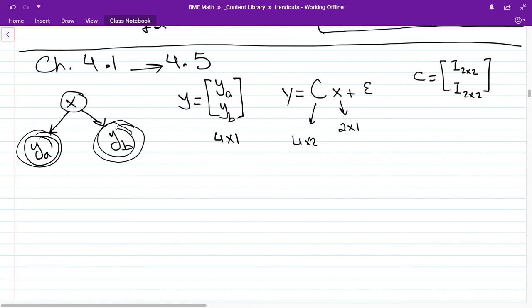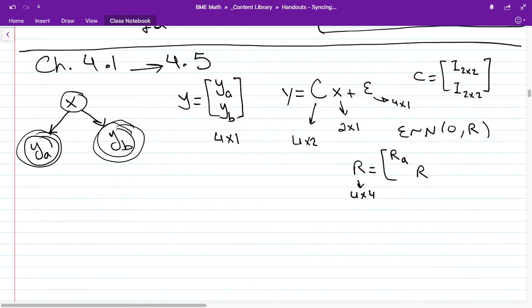However, there's noise in them, this epsilon here. What's the size of it? It's a 4x1. And you believe it's normally distributed with mean 0 and variance R. And what is this R? R is a 4x4. It's going to have some noise for the first GPS, A, some noise for B, and then 0 covariances between them.